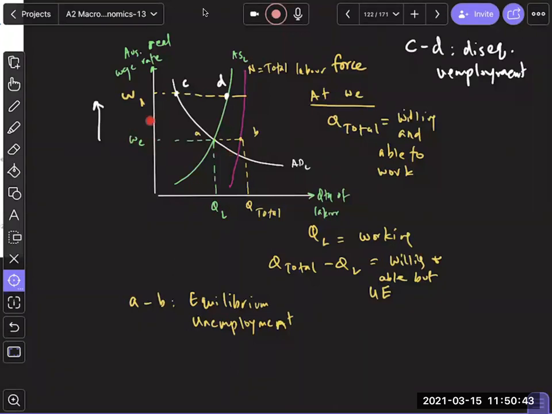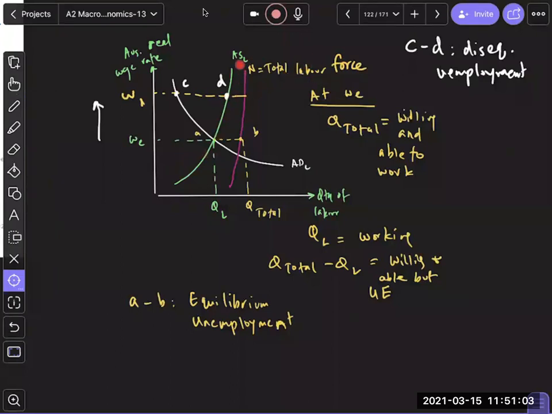Okay. But is there any question about disequilibrium unemployment? Any question, guys? So what is the total labor force curve? Total labor force curve includes basically both employed and unemployed, right? What is the aggregate supply curve?